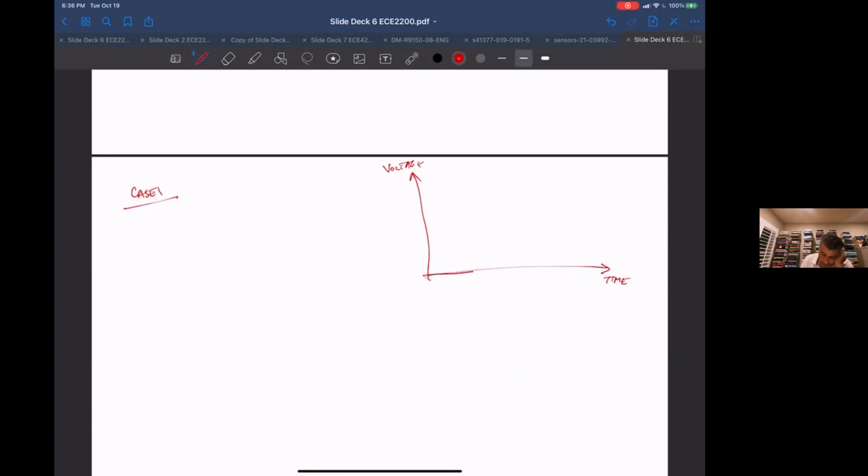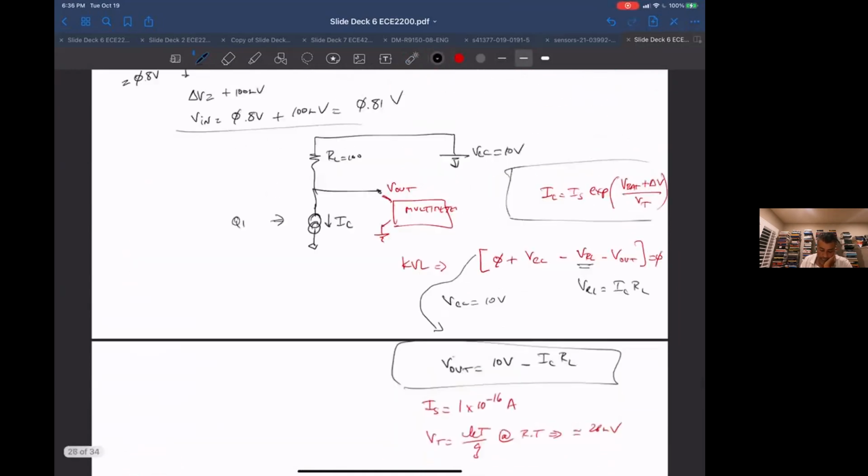At some time, t equal to t0, and at some time t equal to t1, delta V goes from... If I plot just the input, Vin, it's always at least V bat, right?